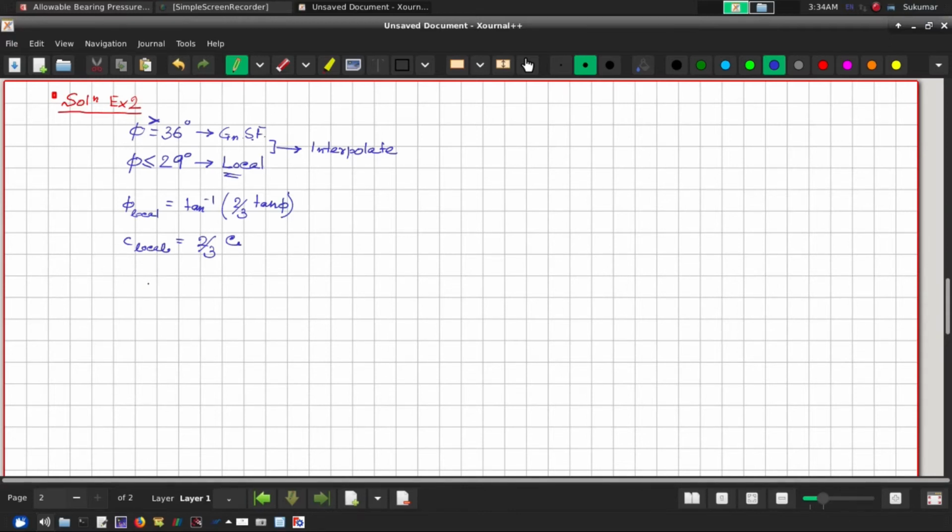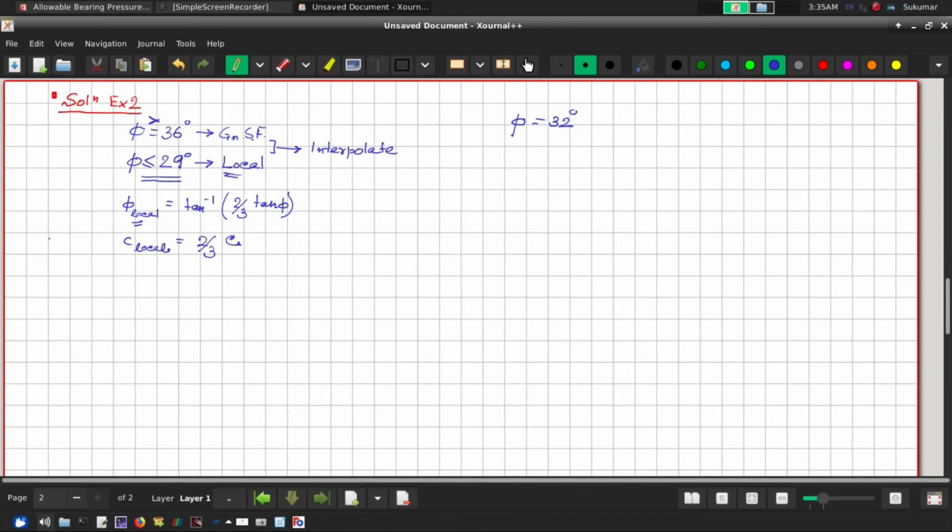Now in our case the phi value is 32 degree. Alright. Therefore it lies between 36 and 29, so we need to interpolate, and for that purpose we will have to find out the bearing capacity factors for phi equal to 29 degree but with a reduced phi.